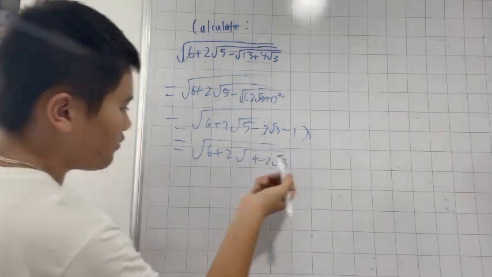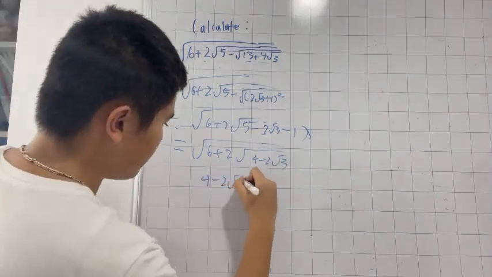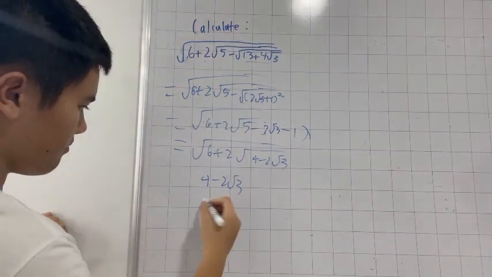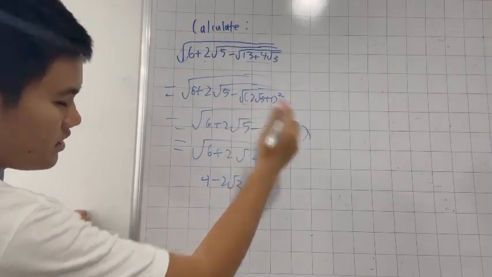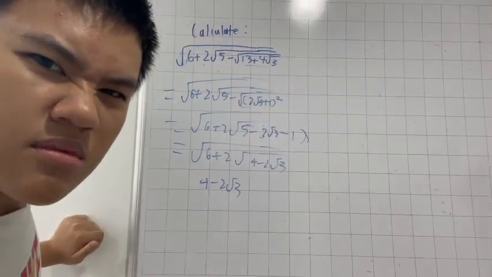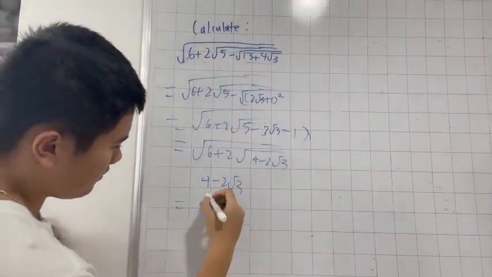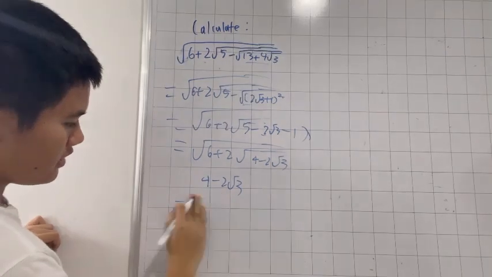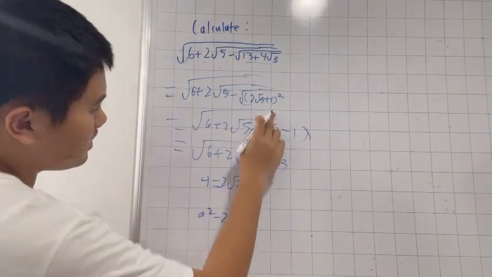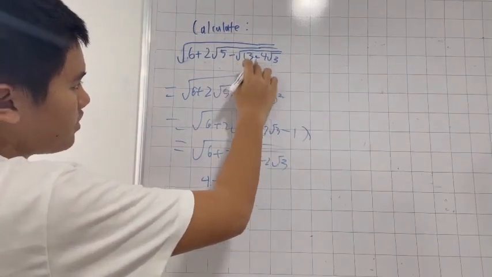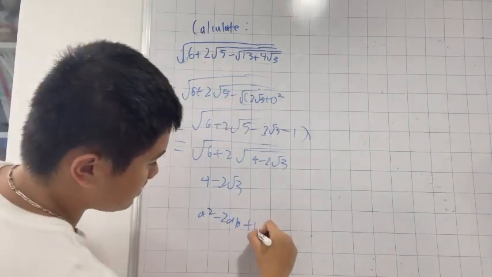And now we're going to repeat the same thing. We're going to repeat this with 4 minus 2 square root 3. We're going to form a sort of square like this. Now we try to form a squared minus 2ab plus b squared.